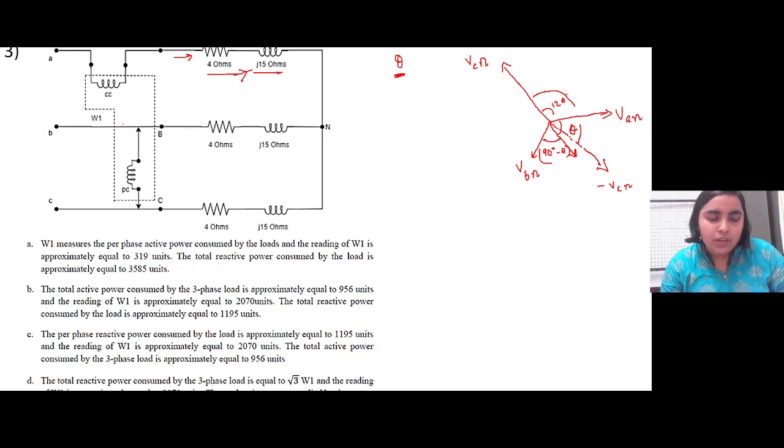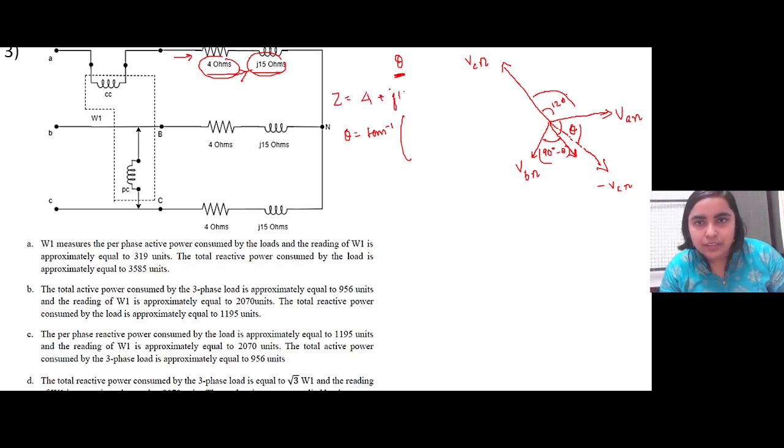In order to find the value of theta, let us first calculate theta from the resistance and the reactance. We have the imaginary part and the real part, right? So theta will be equal to tan inverse of, since Z can be written as 4 plus j15, the imaginary part y by x, the real part.